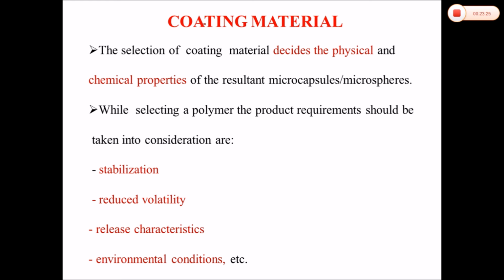It should be chemically compatible and non-reactive with the core material, and it should provide the desired coating properties like strength, flexibility, impermeability, and stability. So these conditions have to be considered.